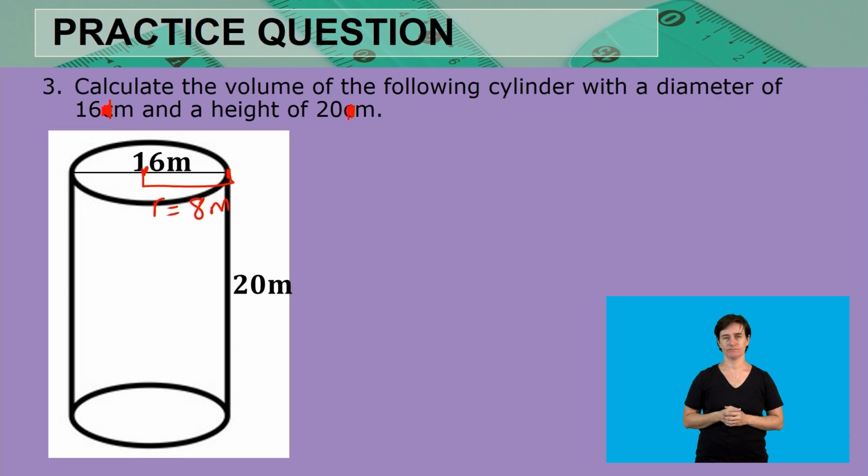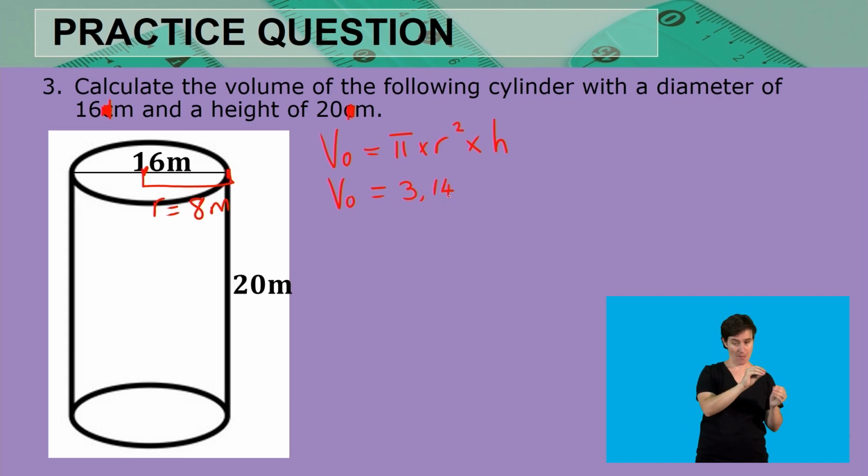So what is the formula for the volume of a cylinder again? The volume of a cylinder is going to be pi multiplied by r squared multiplied by our height. So when we substitute the values there, remember pi is 3.14. We are going to multiply this by our radius, which is our 8 meters squared.